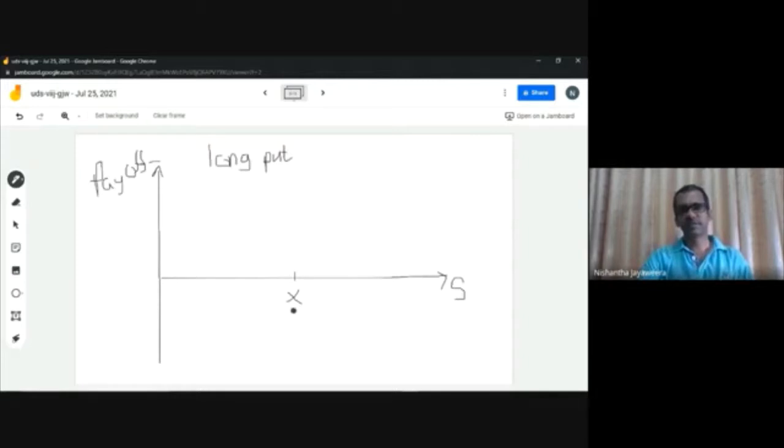When the spot price is lower than the strike price, as a put option buyer, what do you do? In this area, what do you do?